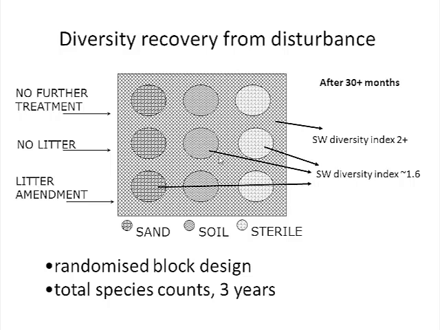We dug the soil out and put it right back in. And we dug the soil out, autoclaved it so nothing was growing anymore. We verified nothing was growing, and then we put it back in. So that's your sand and soil and sterile treatment. The soil is just dug and returned, no other treatment. The other thing that we did was there's no further treatment, and then there was a litter amendment and no litter amendment.